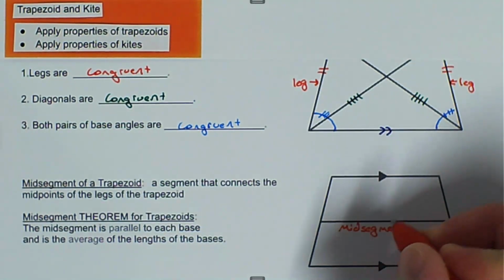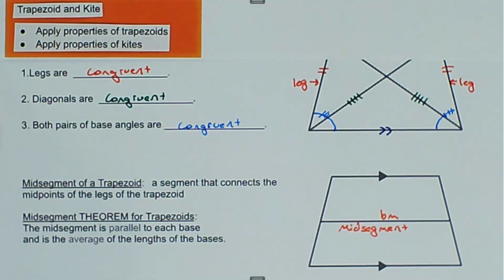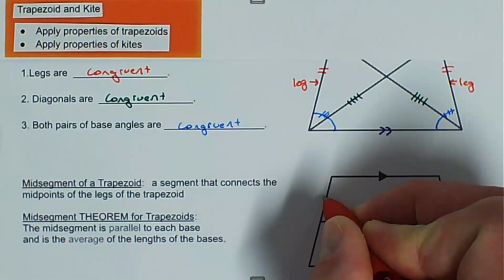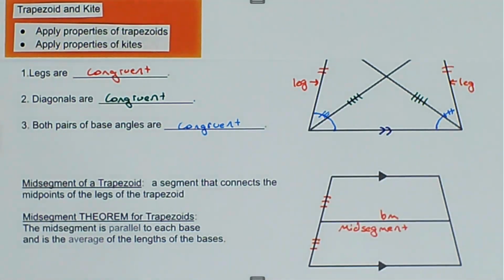I'm going to label this as BM for our equation purposes coming up later. The mid-segment connects the midpoints of the legs, so we have the midpoint of this leg over here and the midpoint of this leg over here.